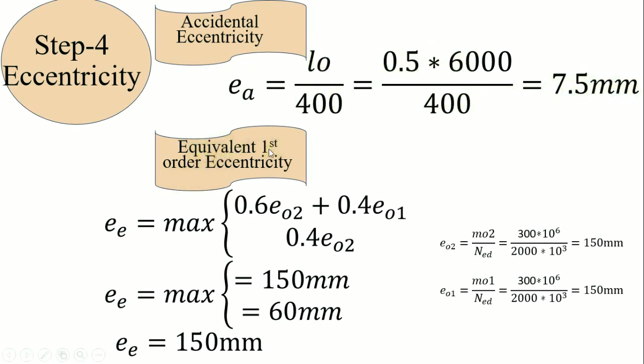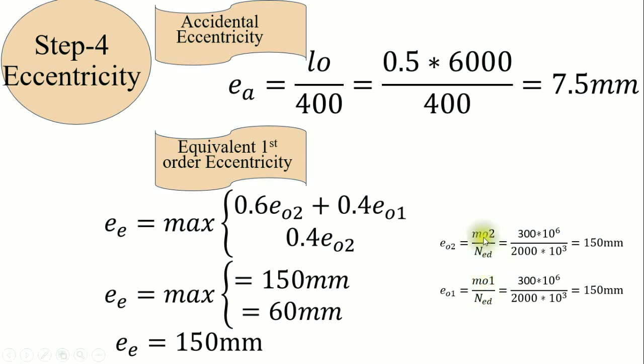Next, the equivalent first order eccentricity, ee, is equal to the maximum of 0.6 e02 plus 0.4 e01, and 0.4 e02. But how to calculate e01 and e02, which are M02 over NED and M01 over NED?